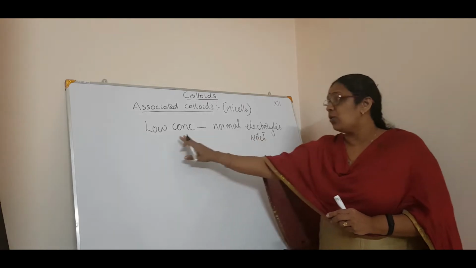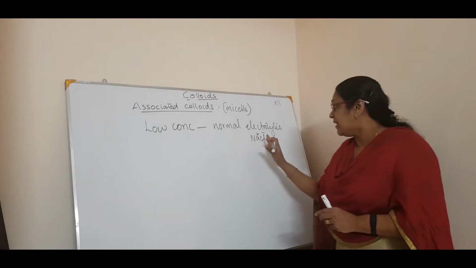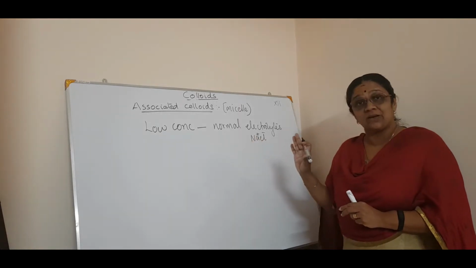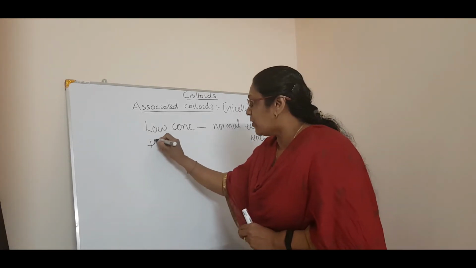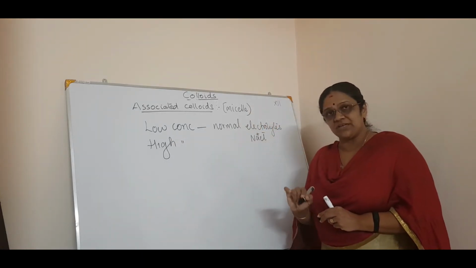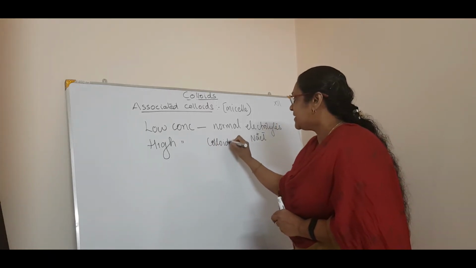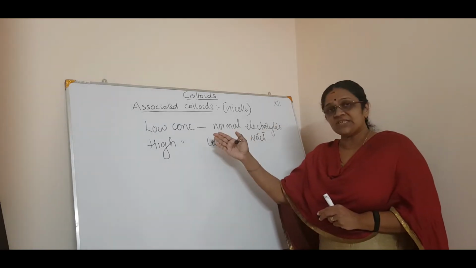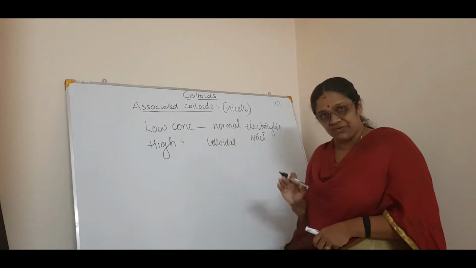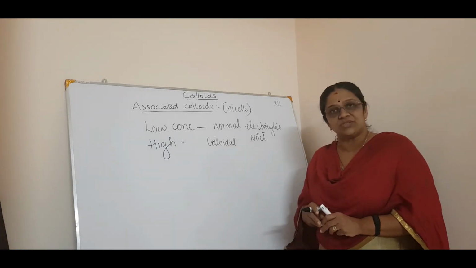So at low concentration, certain substances behave as normal electrolytes. That means Na+ and Cl-, or whatever the electrolyte is, it is like that only at low concentration. But at high concentration, these substances behave as colloidal substances. See? At low concentration, it acts as a normal electrolyte or ionic solution, but when the concentration is increased, it shows the behavior of a colloidal solution.